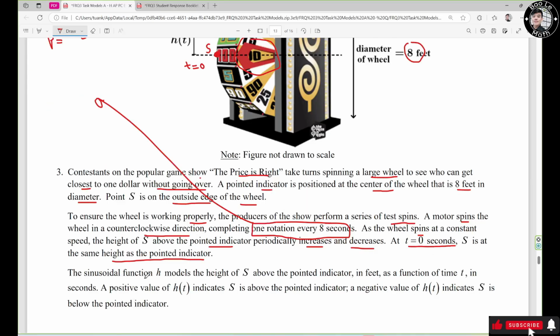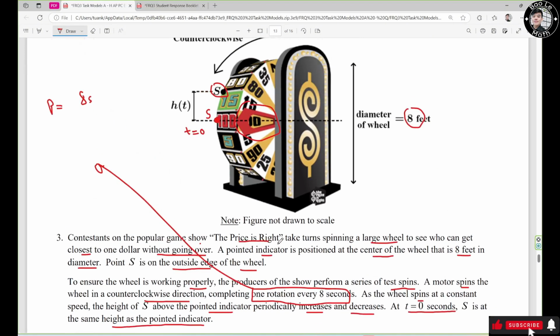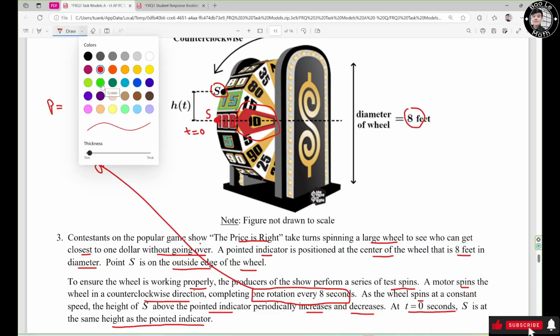The sinusoidal function h models the height of point S above the pointed indicator, in feet, as a function of time t in seconds. Positive values of h of t indicate S is above the pointed indicator, and negative values of h of t indicate S is below the pointed indicator. So we look at this right here. We have 4 points.